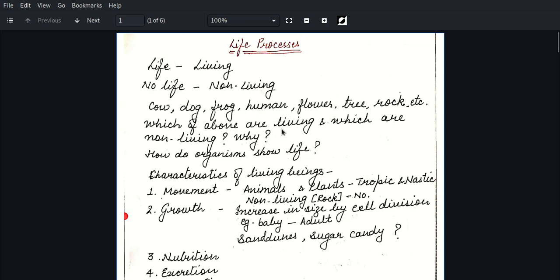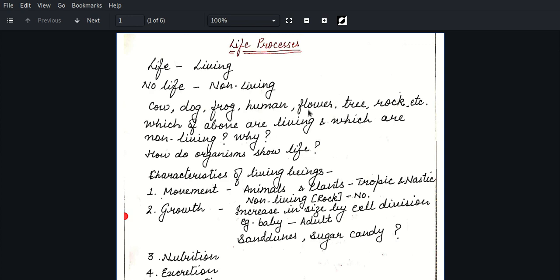Which of these are living and which of these are non-living? You can easily say that cows, dogs, frogs, meaning all animals, human beings, and plants are living and the rest are non-living.